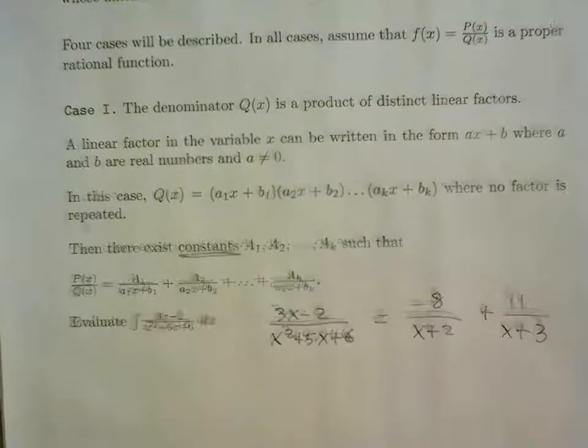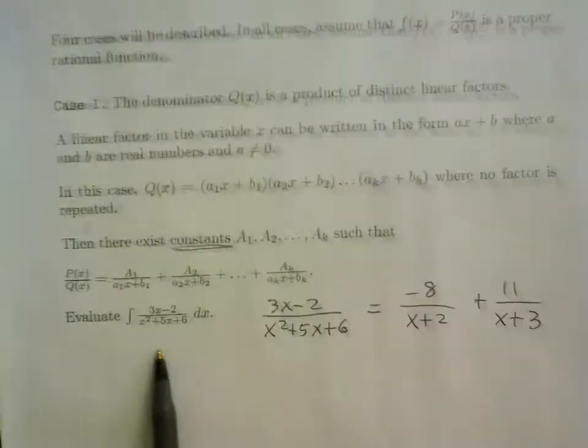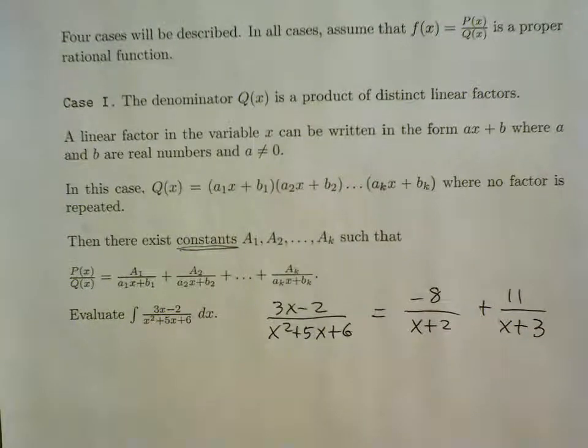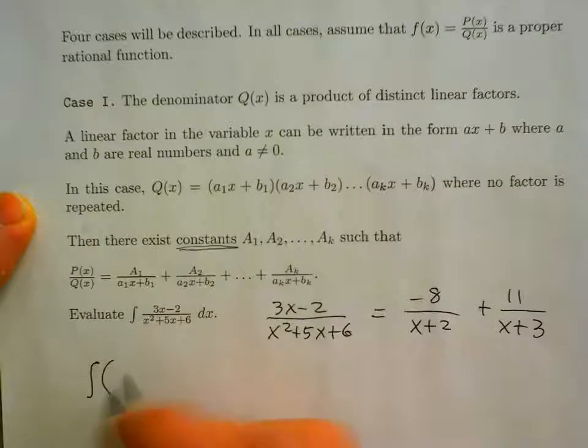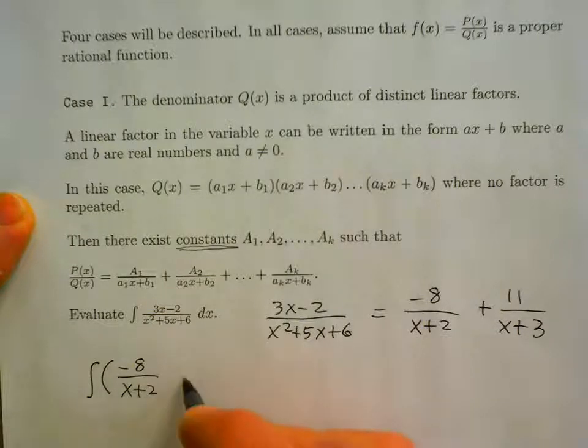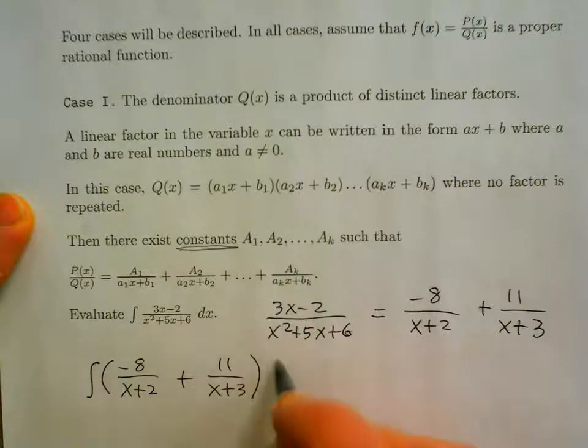So now we can pretty easily evaluate this indefinite integral. So we might as well go ahead and do it. So this is the indefinite integral of -8 over (x plus 2) plus 11 over (x plus 3) dx.